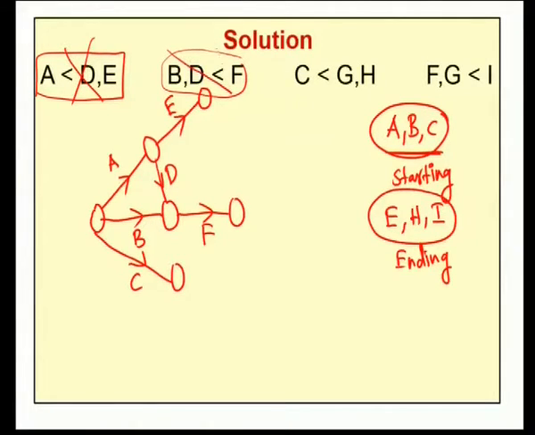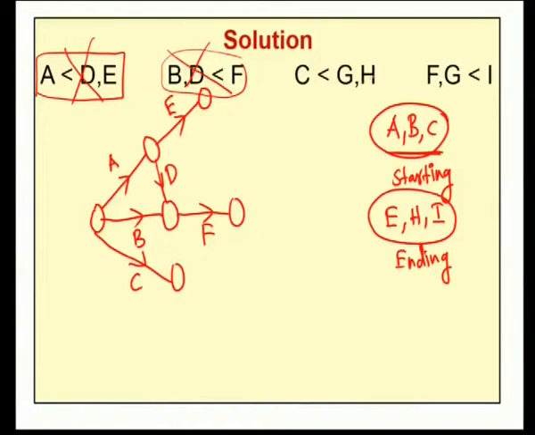Therefore, this relation is also over. Now, from the network, for A, D and E are the immediate successor. So, for A, E is the immediate successor, D is the immediate successor. Next, for F, the immediate producer are B and D. In other words, for B and D, the immediate successor is F.